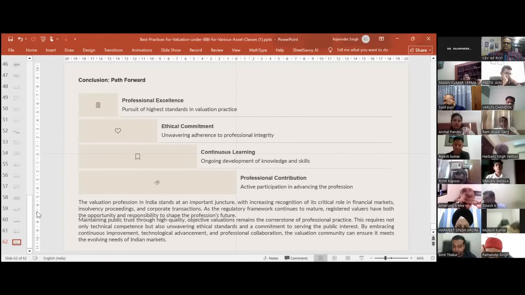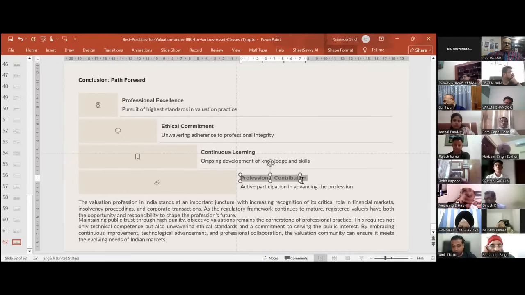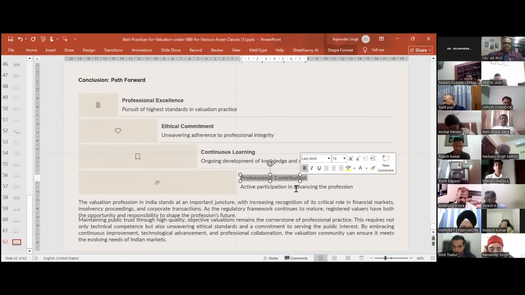Means all of us should make some professional contribution. So it is not just having a 16-hour CPD, continuous professional development. All of us should actively participate in advancing our profession. So we all should make some professional contribution to the valuation profession.